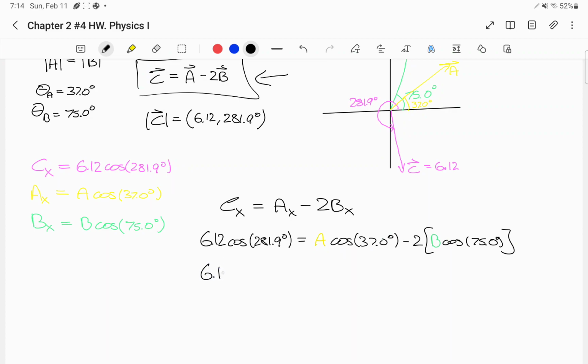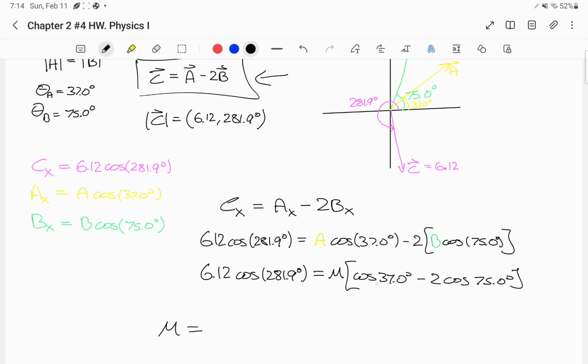So we have 6.12 cosine of 281.9 degrees is equal to M. Factoring out M, we have cosine of 37.0 degrees minus 2 cosine of 75.0 degrees.